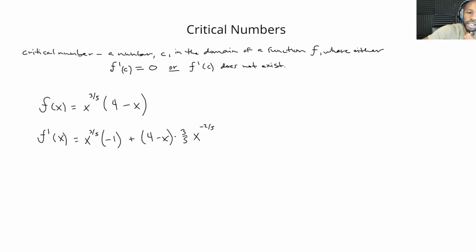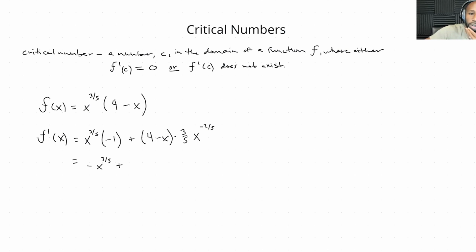So f prime of x is equal to -x to the 3/5 power plus, let me distribute the 3/5 first. Actually, let me do it this way. Let me multiply everything.